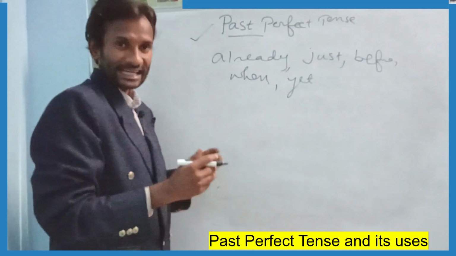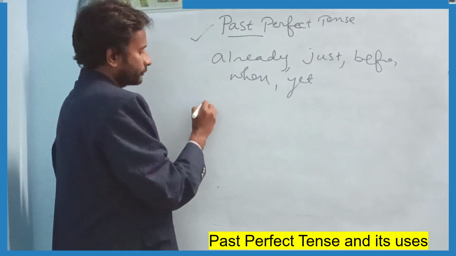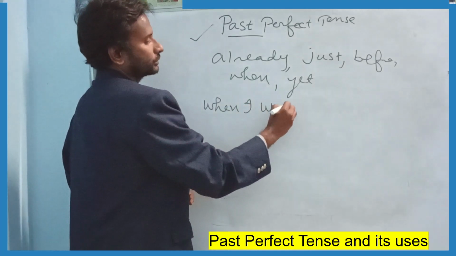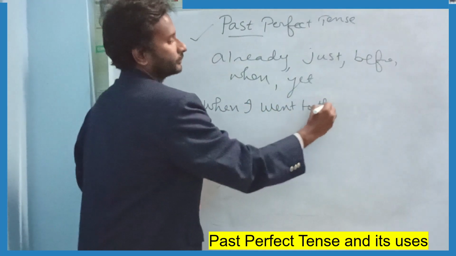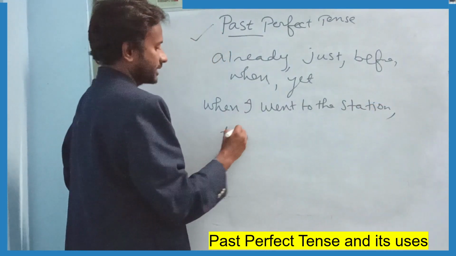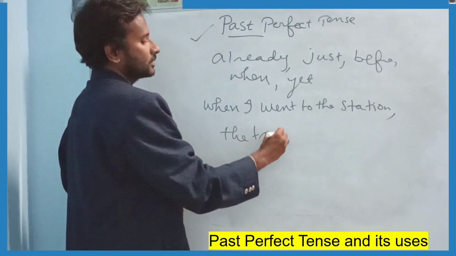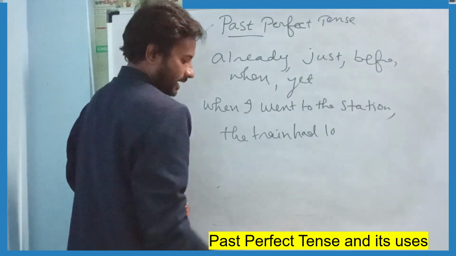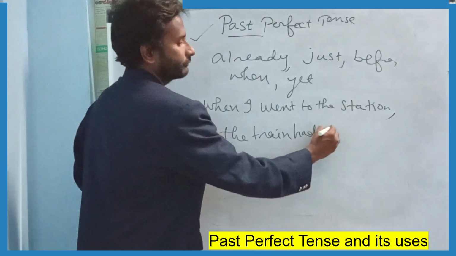They are called typical time expressions. Now, when I went to the railway station, the train had already left. What happened? The train had already left.